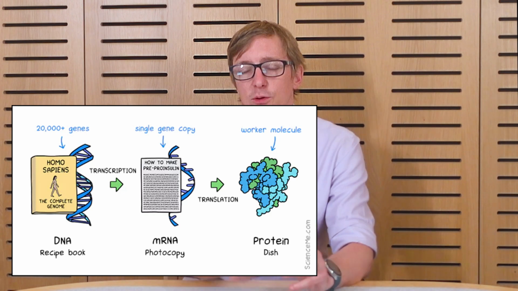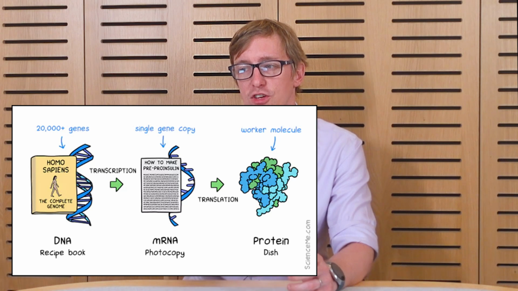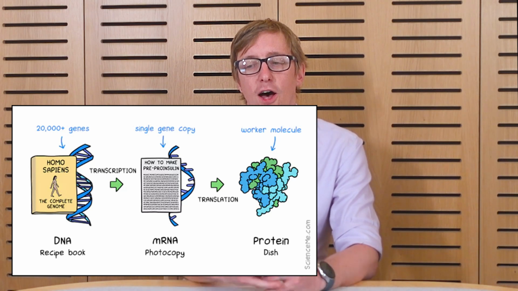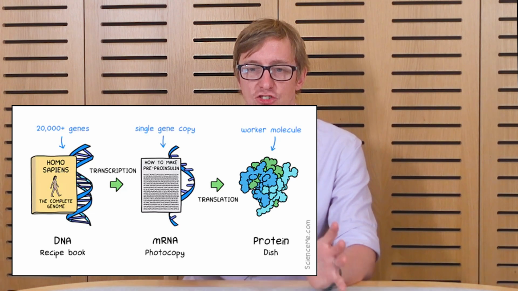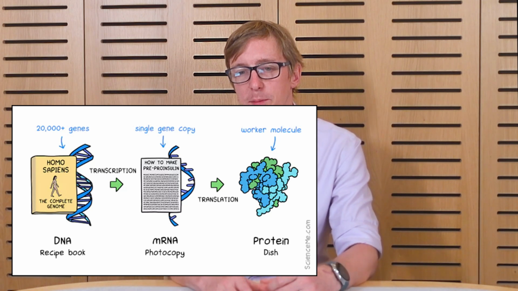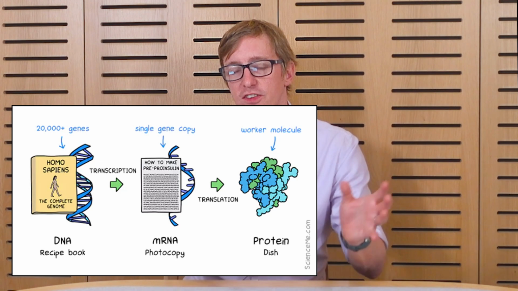It's never going to give you an accurate result. So what we have to do is utilize the mRNA, the photocopied version of the recipe book, and say, that's how we're going to get an accurate measure of how much there is, because we've got rid of all the other stuff that's in the DNA, the bits of DNA that aren't coding for the protein. We've got rid of all that, and therefore we can accurately monitor it.